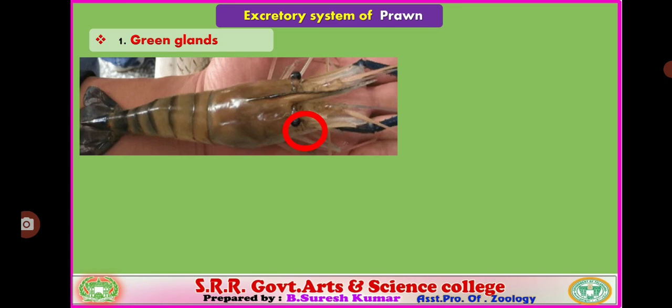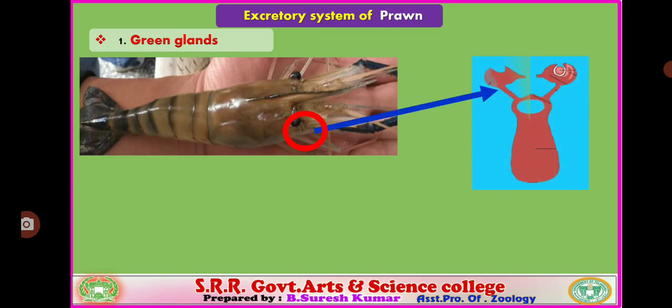The first head appendages are antennules, and behind the antennules one pair of antennae is present, one on either side. You verify the antennae marked in the circle. At the base of the antenna, green glands are present.